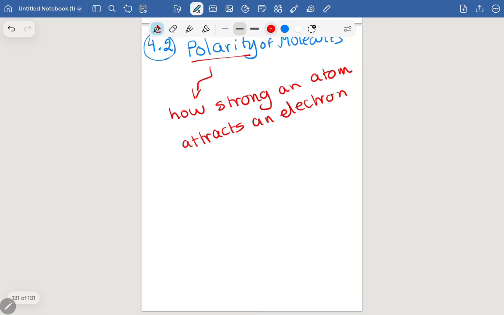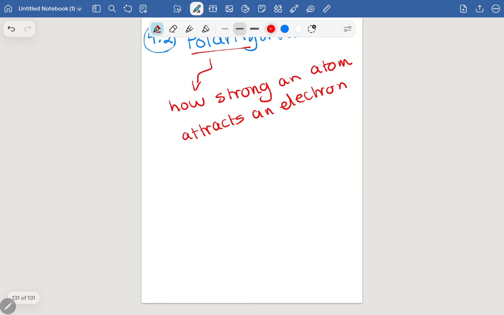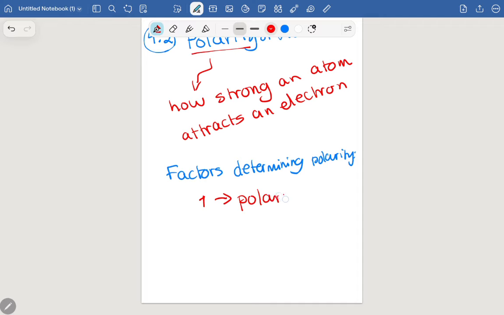Now, of course, there are 2 factors that determine if a molecule is polar or non-polar. So let me write factors determining polarity. The very first thing is the polarity of the covalent bonds.